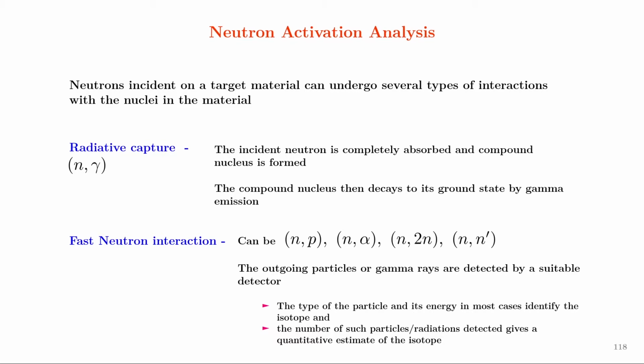The type of the particle and its energy in most cases identify the isotope, and the number of such particles detected gives a quantitative estimate of the isotope.